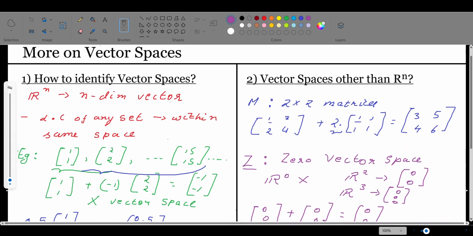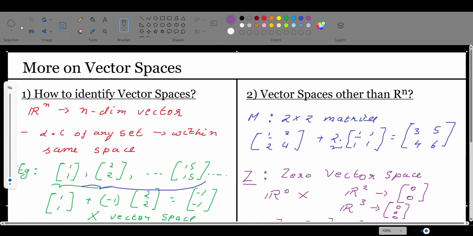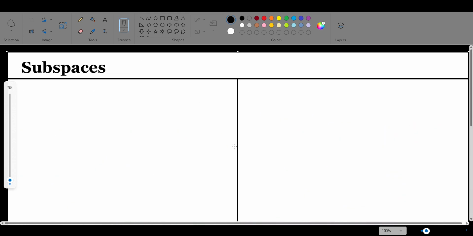Okay, now let's move on to the next topic, which is subspaces. This is again a very important topic. The first thing you need to know is that, very informally, a subspace is a vector space within another vector space. So the rules are the same for a subspace. A subspace has to be a vector space.